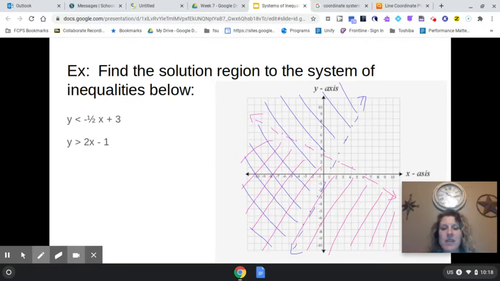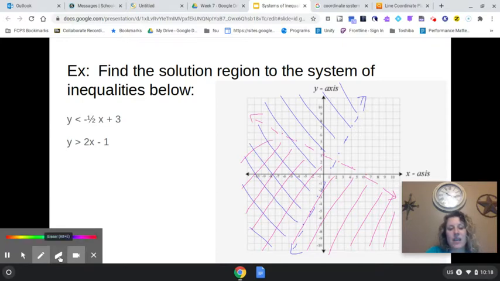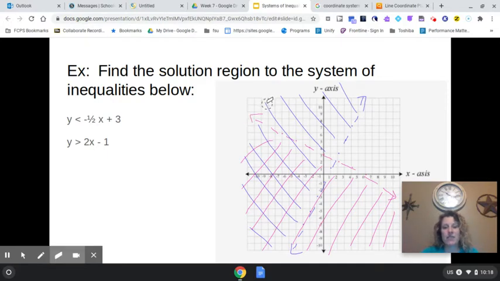Remember what we said in the last slide. We're looking for where the shadings overlap. So I'm going to clean up my solution because I see where the red, or I guess that's pink, and blue shadings are crisscrossing. That's going to be my solution region. So I need to get rid of the parts of the shading that are not overlapping. Anything that is only blue, I want to erase that part of the shading.